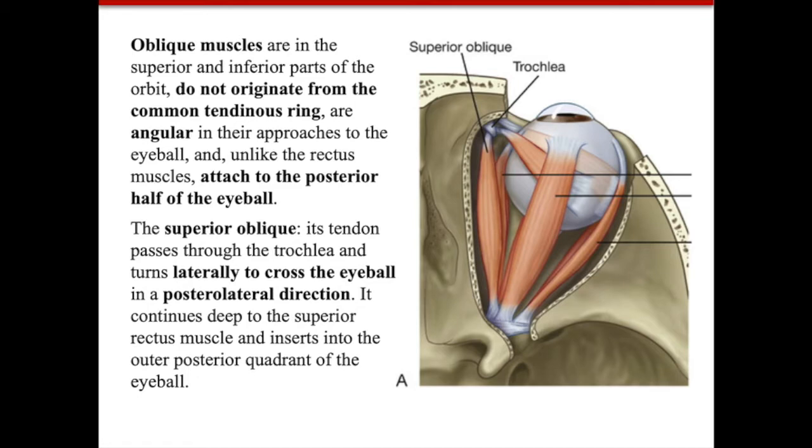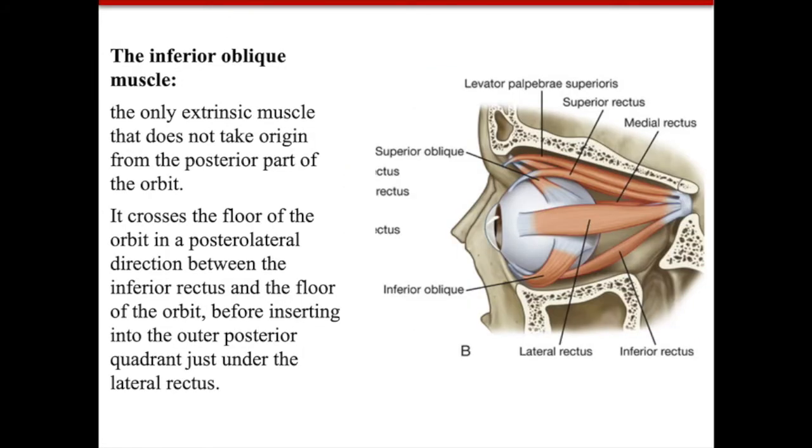For now, just worry about seeing if this muscle has an angle. It is on the superior side. We're talking about the superior oblique. The inferior oblique does an equivalent trajectory, in the sense that it also has an angle, and it grabs the eye also from the lateral side.